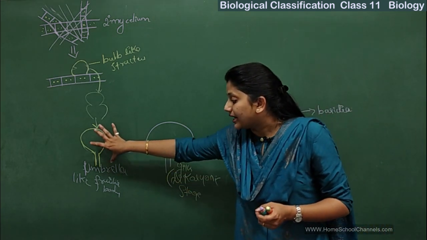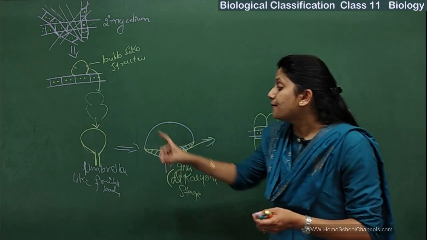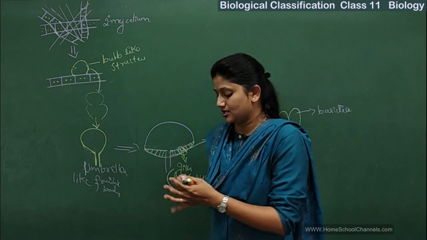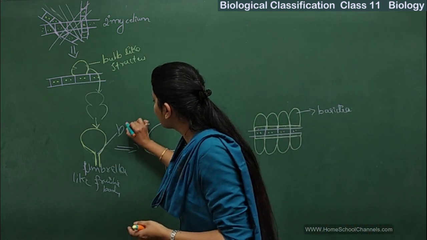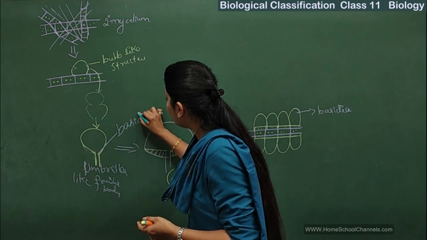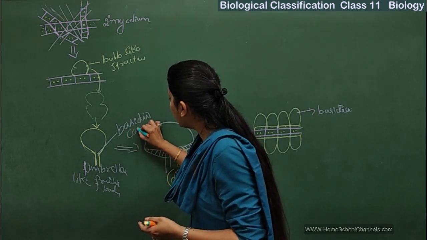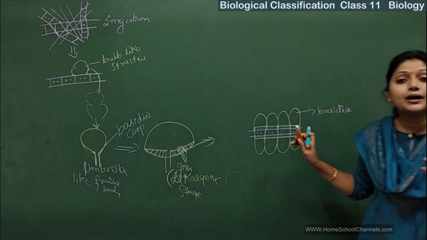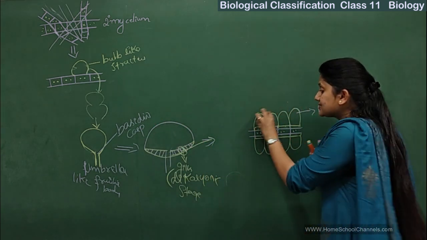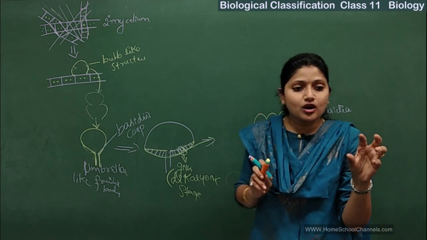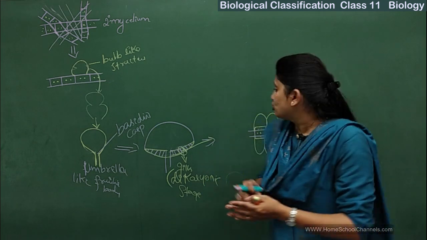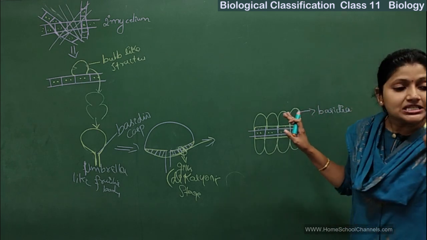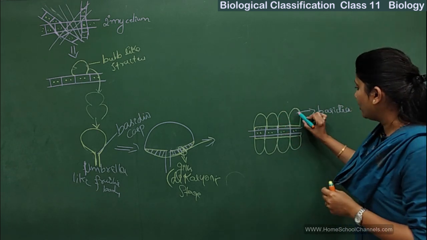So this umbrella-like structure as a whole is called the basidiocarp, and these structures are called the basidia. Every single balloon-like structure is called a basidium. So from here onwards, we will just see one single basidium.